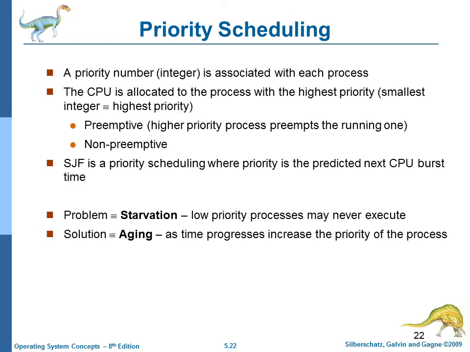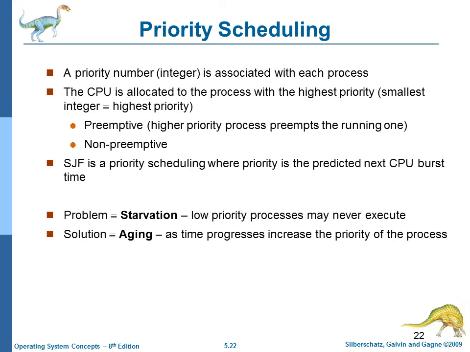We mean that shortest job first uses the inverse of the next expected burst time as its priority. The smaller the expected burst, the higher the priority.